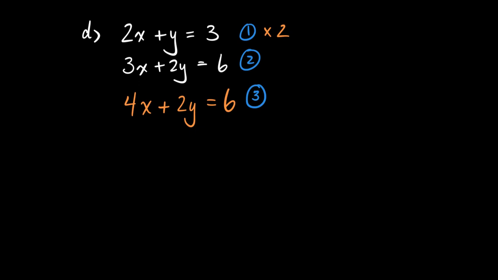And so now what I'm focusing in on, since equation 1 and equation 3 are the same equations, I'm really focusing in on this new system, the system between equation 2 and equation 3. And now I can look at those and I can eliminate my variable.